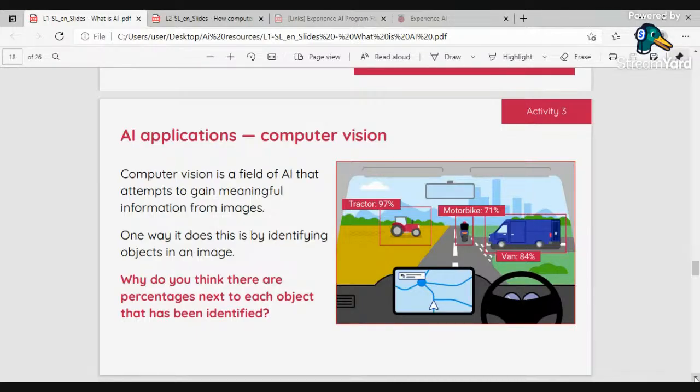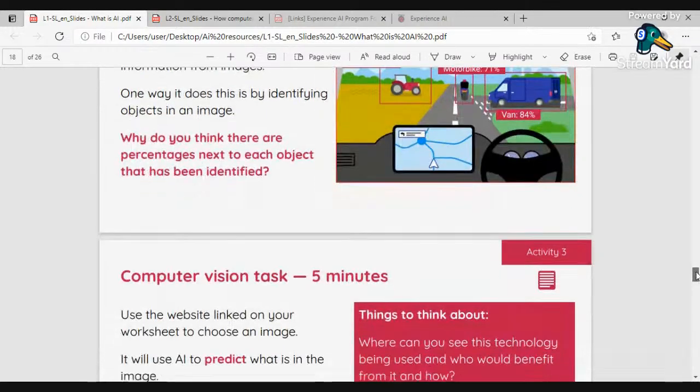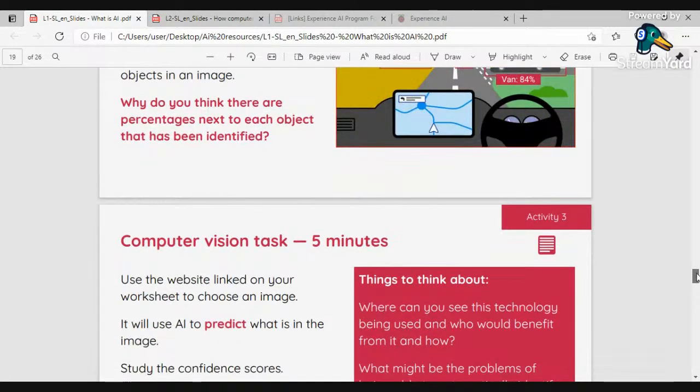A computer is not like a human being that can identify objects with their eyes, because a computer does not have an eye. But with computer vision, we are giving the computer an eye to see, not just to see but also to identify what the computer is seeing. That is exactly what computer vision is about, and it is an example of a field of AI.